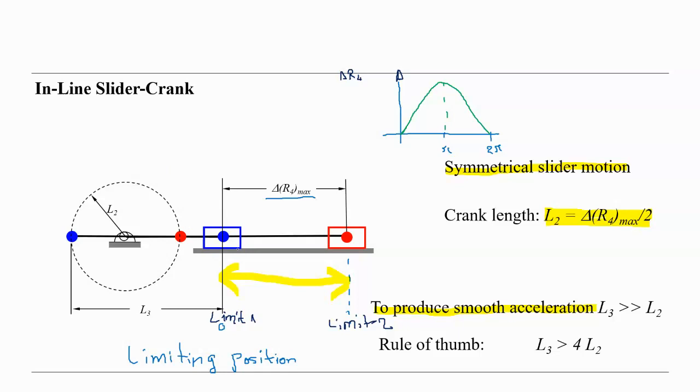The slider is moving in between the limit positions. So this is linear motion, but it is not acceleration free. It has acceleration, it's not rectilinear, it's curvilinear.